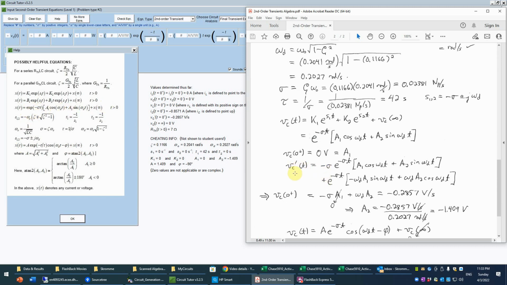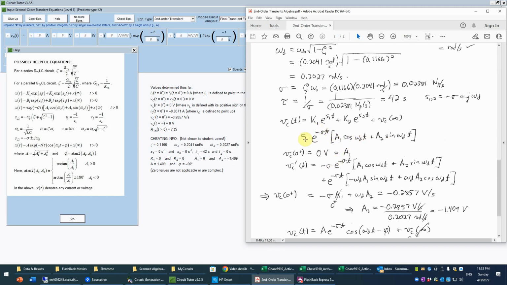So for the VC prime, we have to differentiate this expression here. Remember that we have a product of two functions, an exponential and a cosine or a sine, so we have to use the product rule from calculus. We also have to use the chain rule when differentiating either of those functions because they have parameters in them.